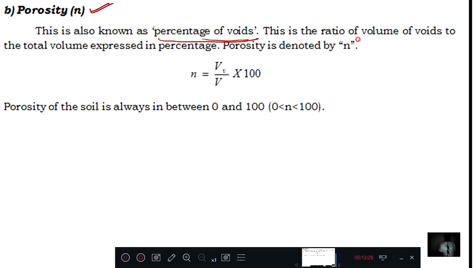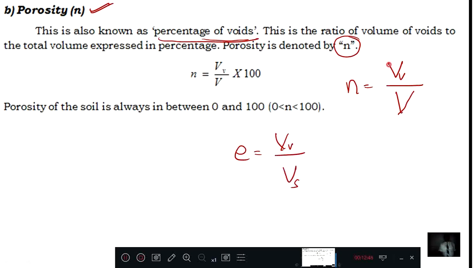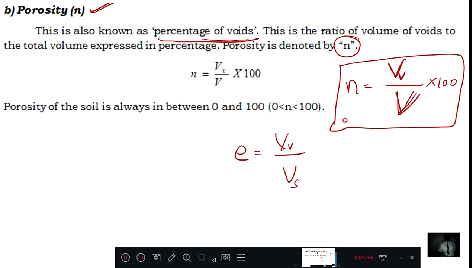Porosity is denoted by the term n. In earlier definitions we defined how much voids there are with respect to solids, but here it is with respect to total volume. Therefore it can be expressed in terms of percentage also, and this is called percentage of voids or porosity.